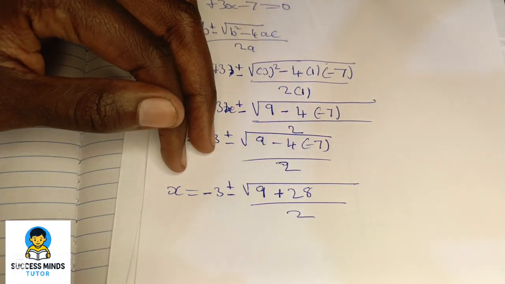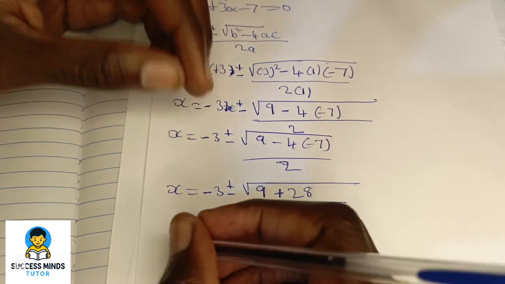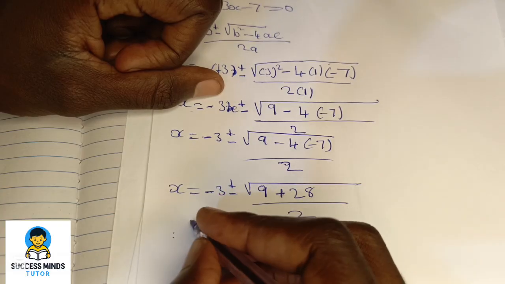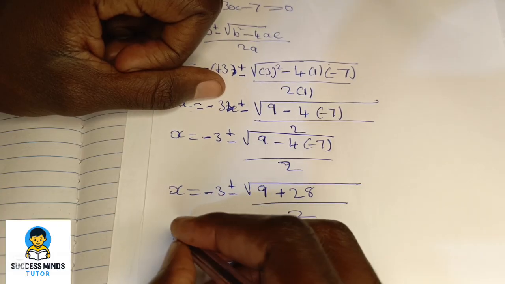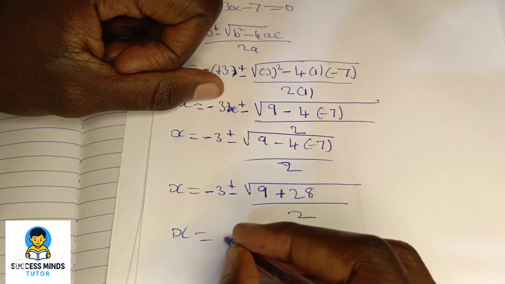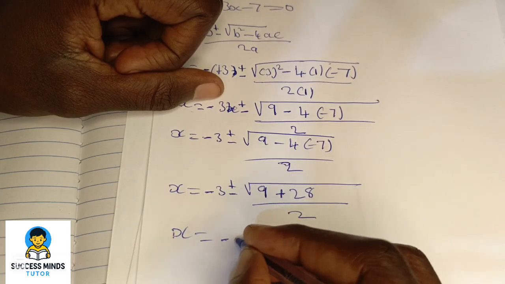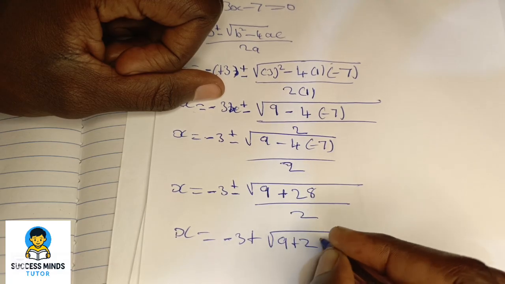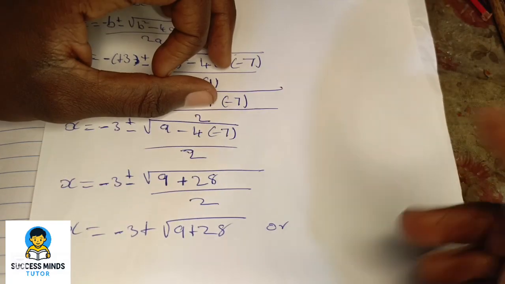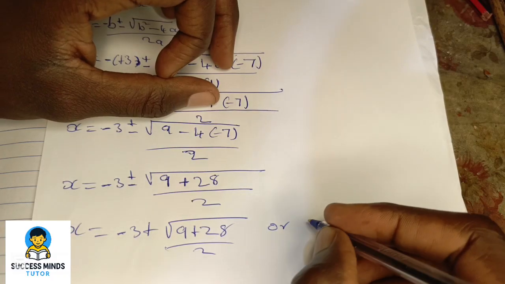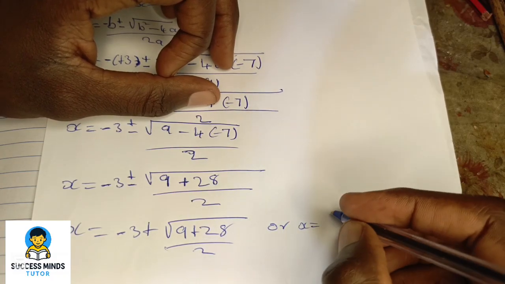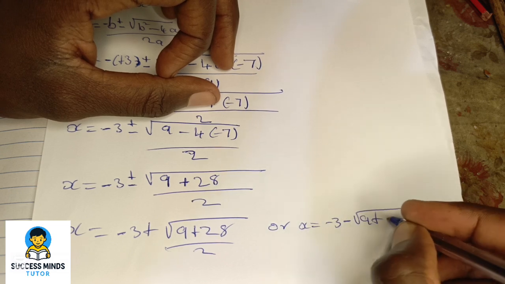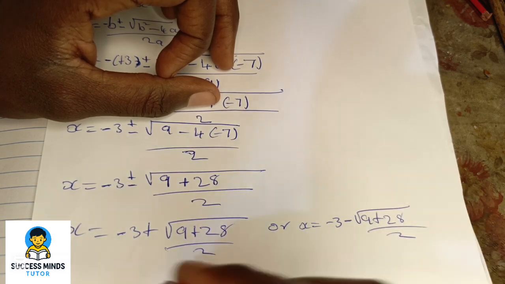So from here now, you can split it. You can say x is equals to -3 plus square root of 9 plus 28 over 2, then x equals -3 negative square root of 9 plus 28 over 2.